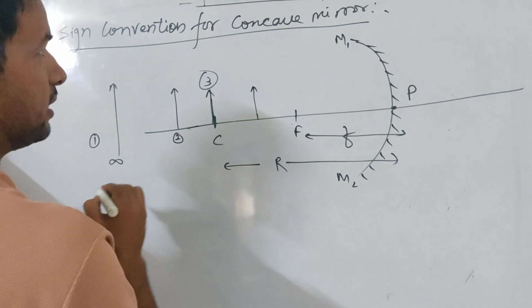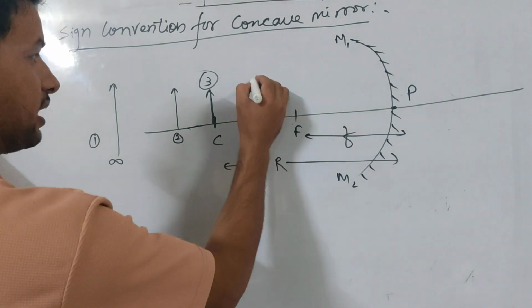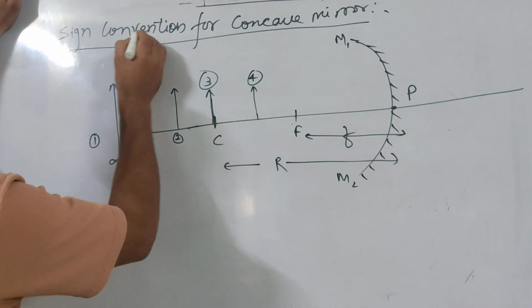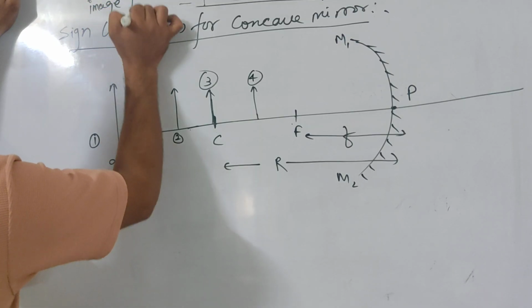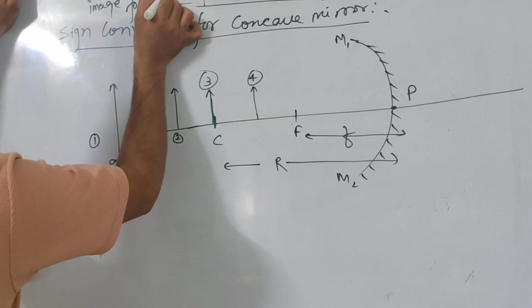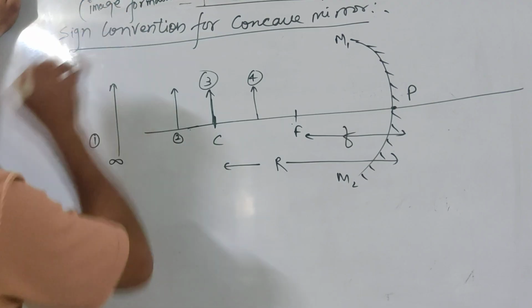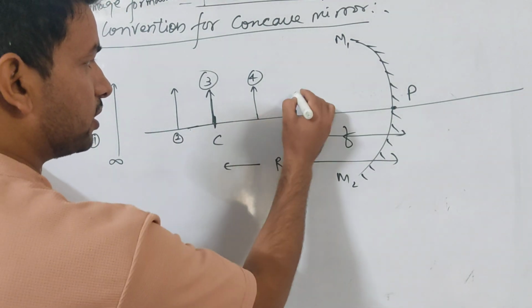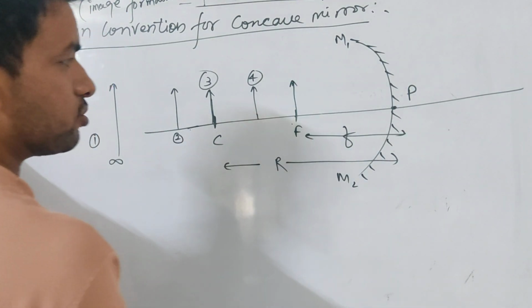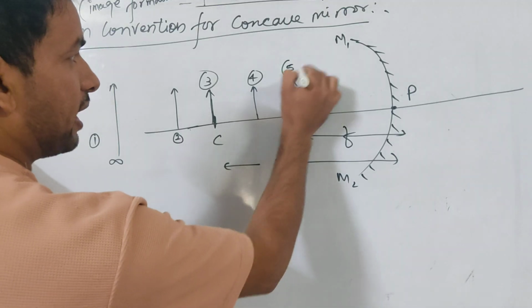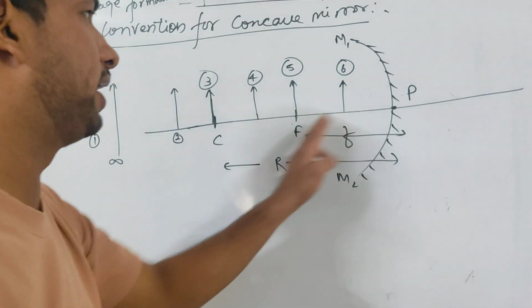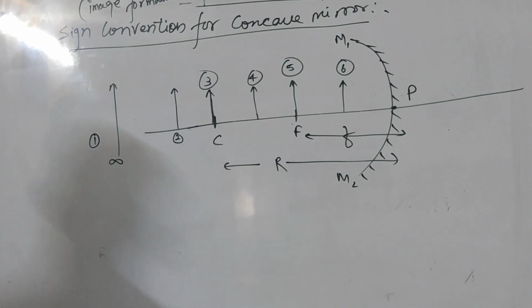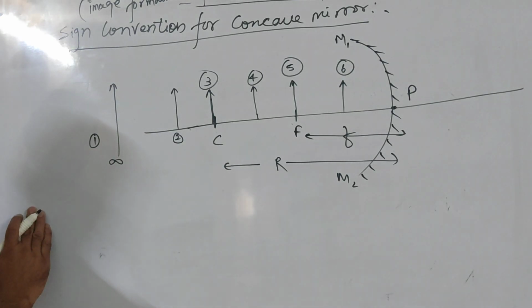These are the image formation and sign convention, I am telling parallel with this. Fifth is when object is situated at F, and last one is when object is situated between the pole and the focus.